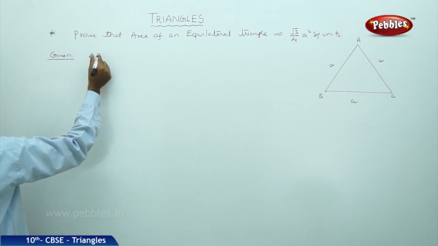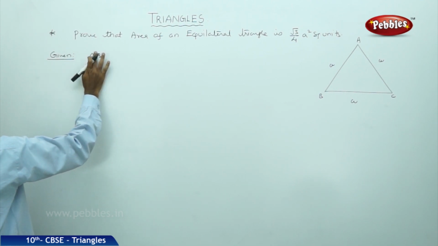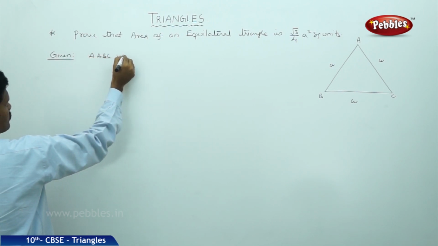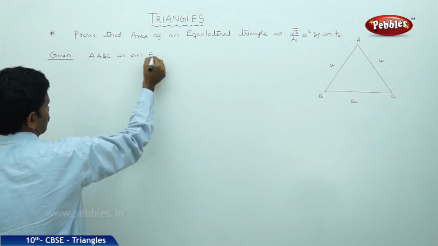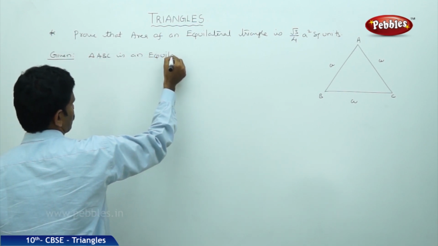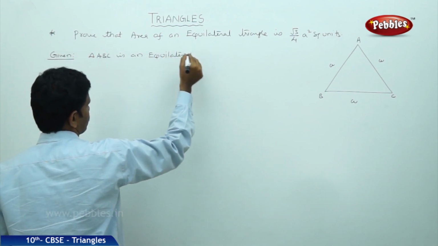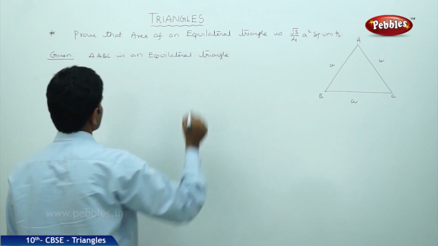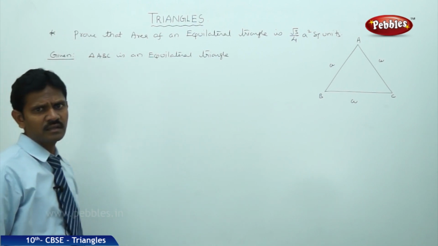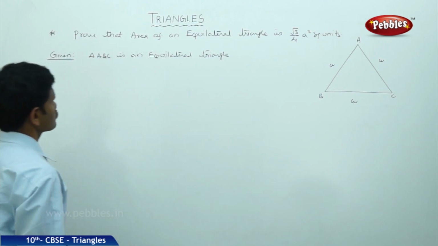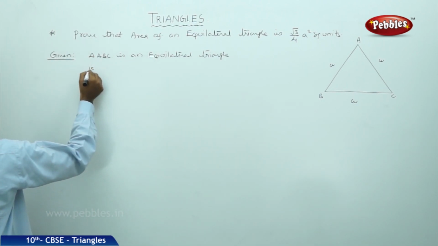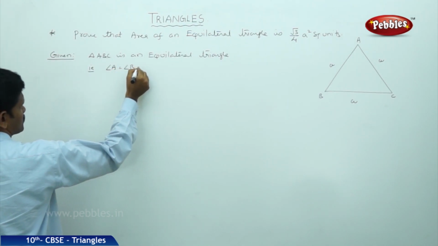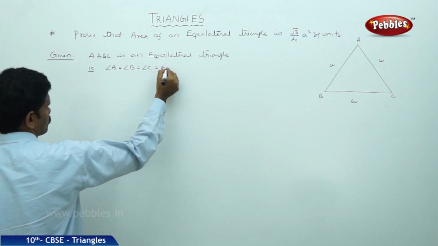Given: triangle ABC is an equilateral triangle, that is angle A is equal to angle B is equal to angle C is equal to 60 degrees.